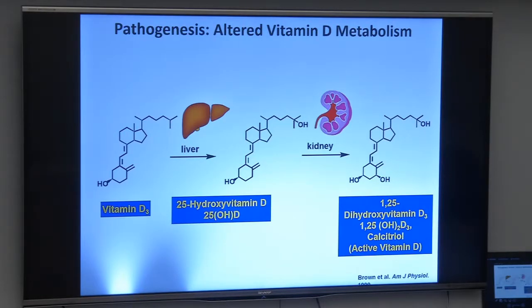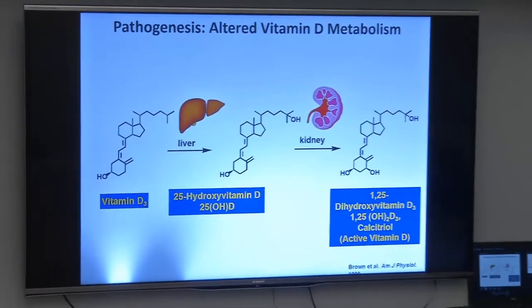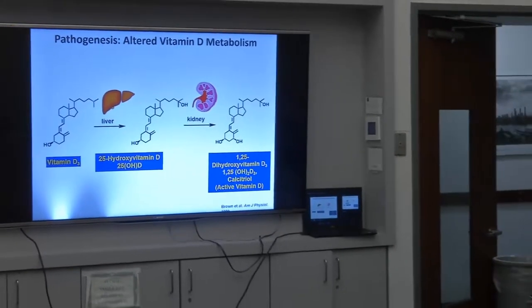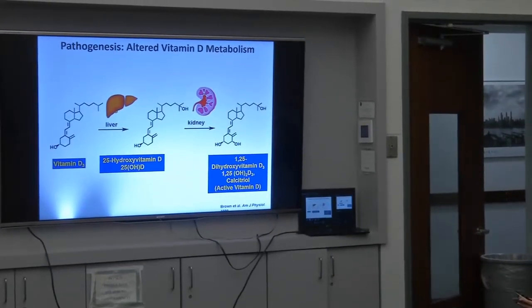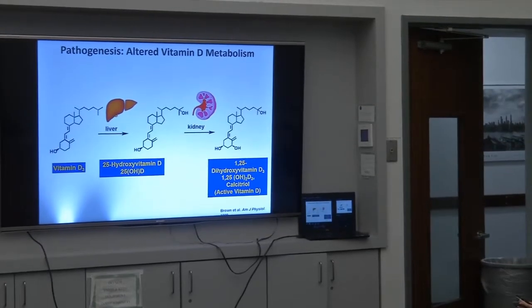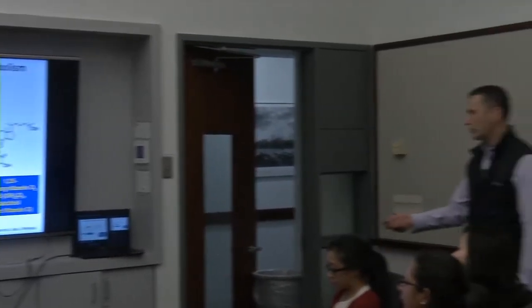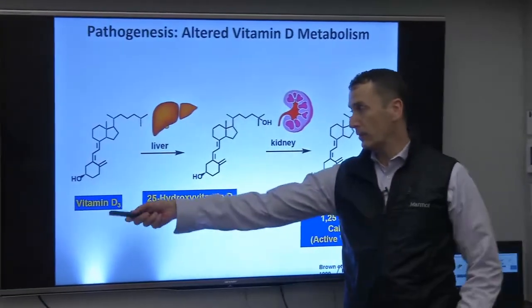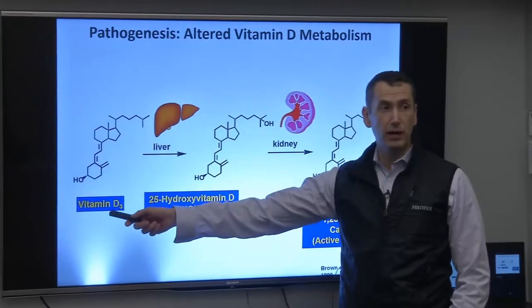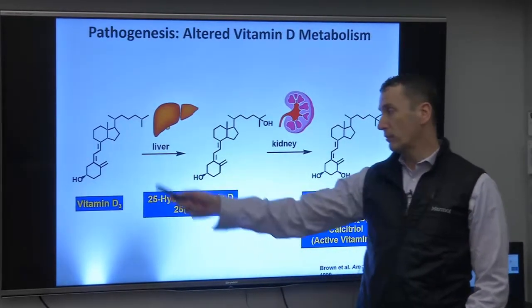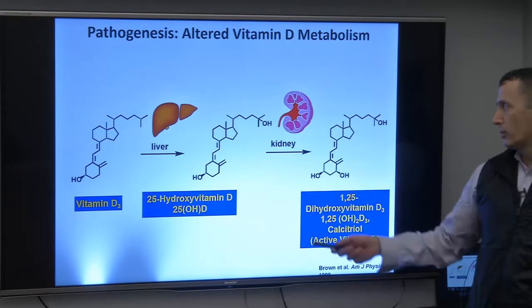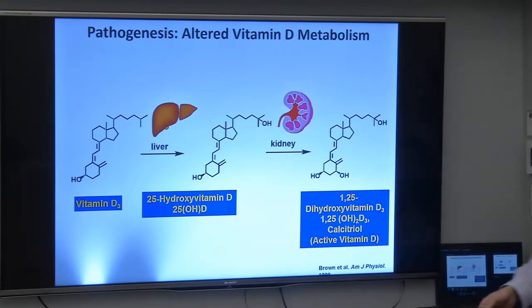The basic pathogenesis of MBD is as follows, and it has to do with abnormalities in vitamin D metabolism and in parathyroid hormone metabolism. So the PTH vitamin D axis is disordered. And this is just a general schematic of what happens in renal failure. Fortunately, my pointer's not working, so I'm going to have to get in front of the board. So basically, you have circulating vitamin D3 bound to the binding protein in the serum, goes to the liver where it's 25 hydroxylated. That then goes into the kidney where the rate limiting step occurs at 1-alpha hydroxylase.